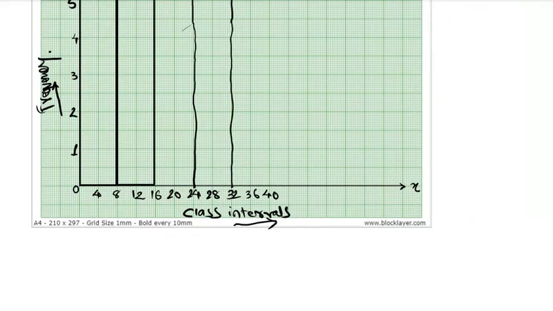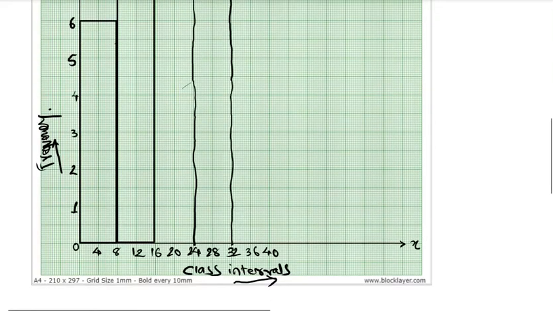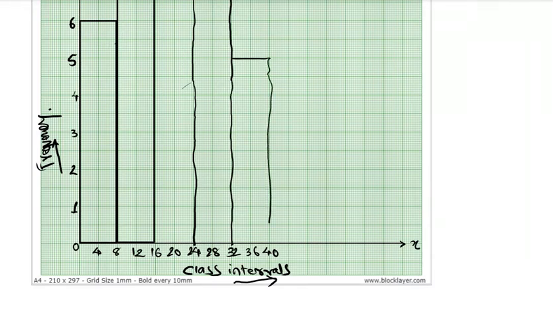Okay, then next is 32 to 40, the last one. 32 to 40 is 5. Okay, so here you go, your bar graph is ready.